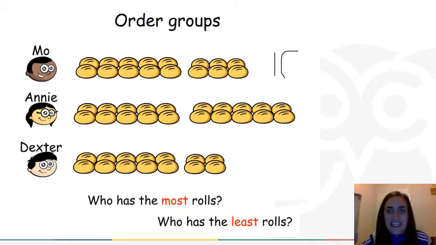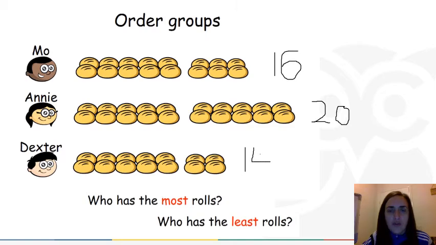Mo has 16 rolls. What about Annie? Did you notice she has 10 and 10? 2 groups of 10. She has 20 rolls. What about Dexter? 14.